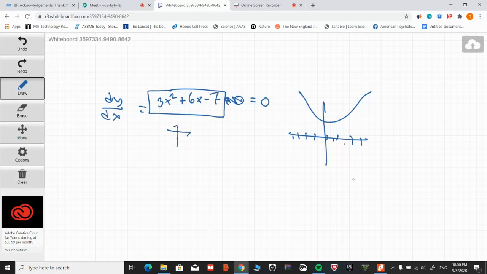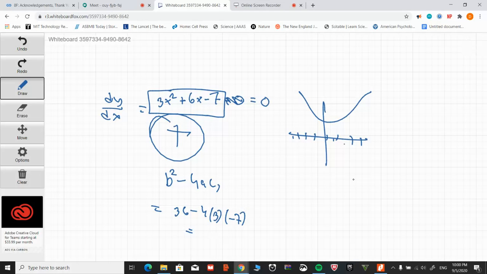This is always positive. ঠিক আছে? So there's another way of finding this out. b square minus 4ac যদি করো, করে দেখতেছো যে এখানে b স্কয়ার কত আসছে? 36 minus 4 into 3 into minus 7. Wait.